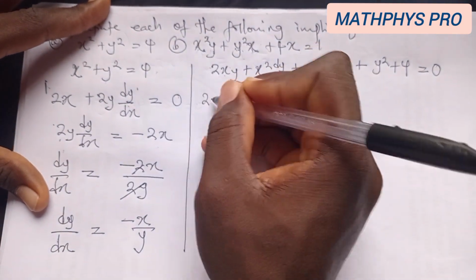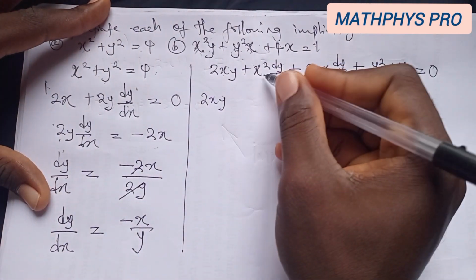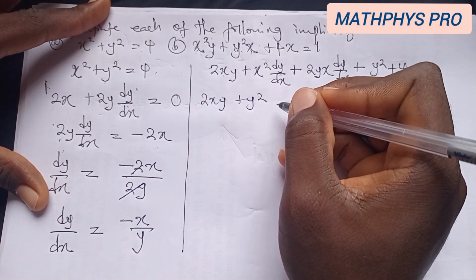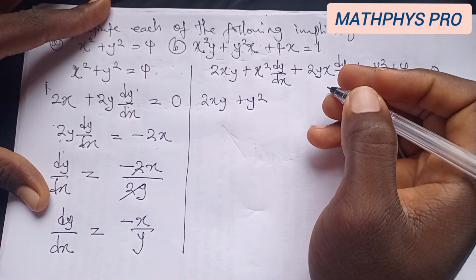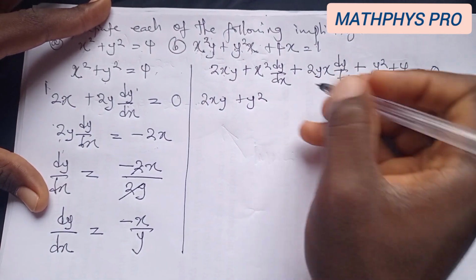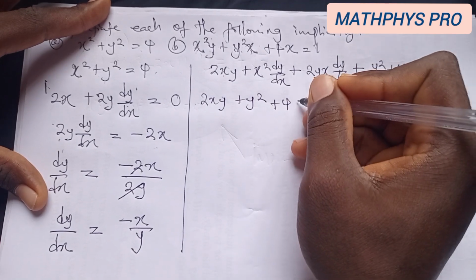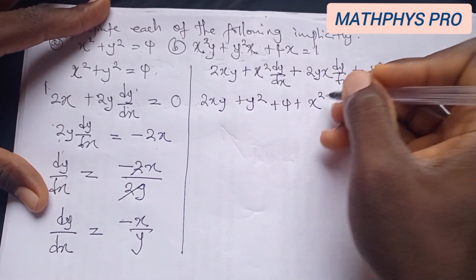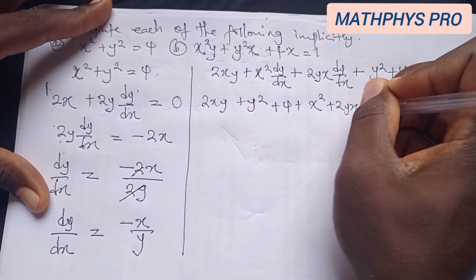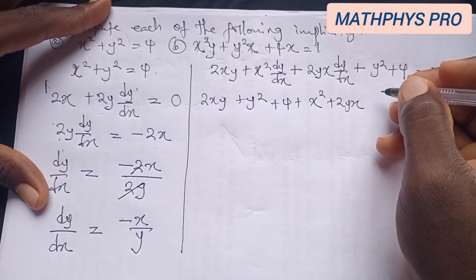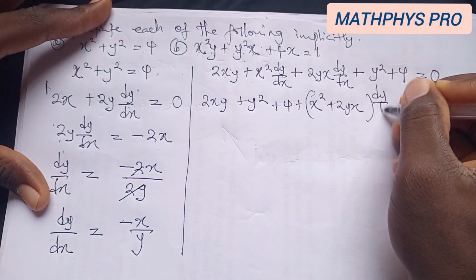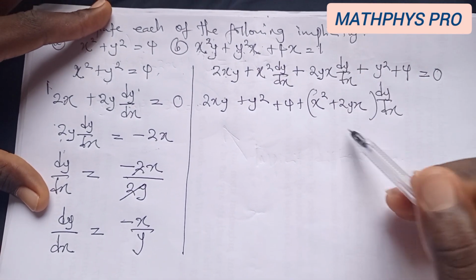Now let's collect like terms, taking wherever you see dy dx to one side. We have 2xy plus y squared plus 4, plus x squared plus 2yx dy dx. Hope you know how I got this.